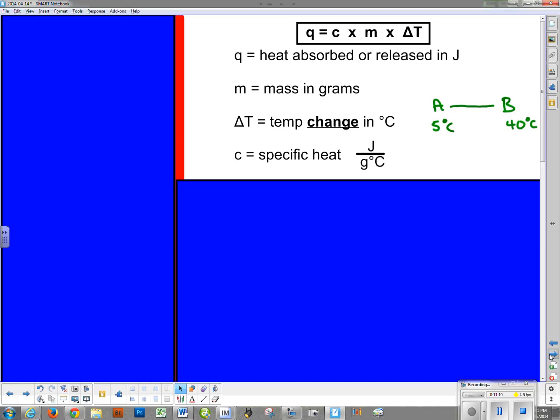They take 1 degree change in the substance, and they record how many joules it takes. How much energy does it take to heat it up or cool it by, say, 35 degrees? So that's all there is. It's just recording data from an experiment.